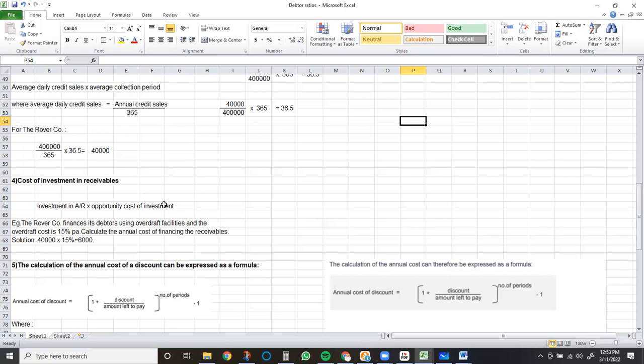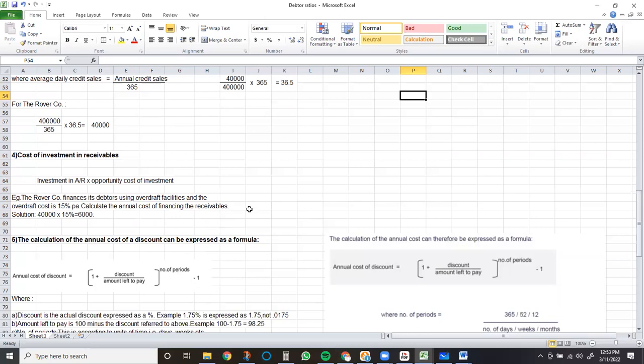Investment in AR times the opportunity cost of the investment. And that's how we calculate the cost of the investment in receivables. We take the receivables figure and multiply it by the cost per annum.